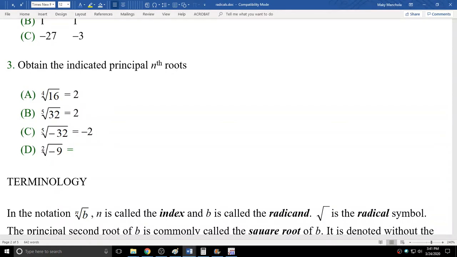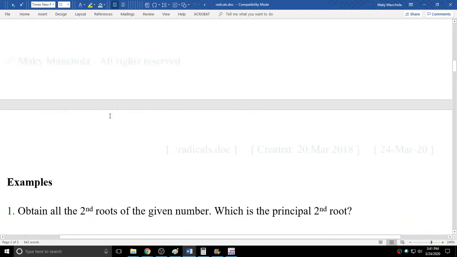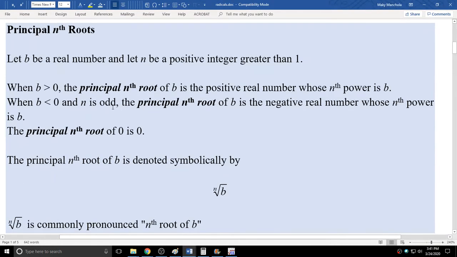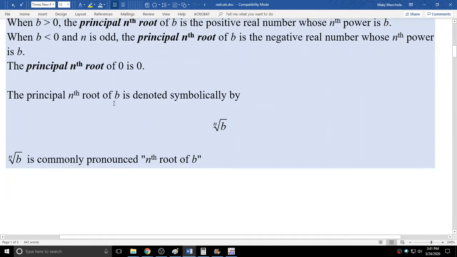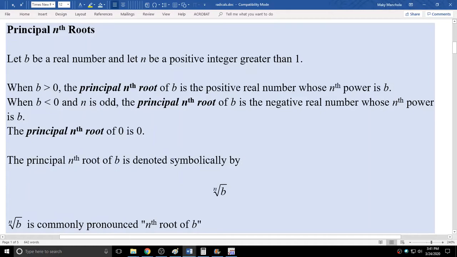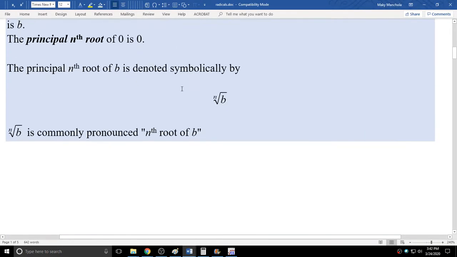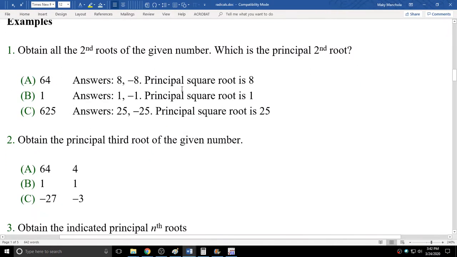What about the principal square root of negative 9? When you talk about principal roots, b would have to be positive because we have an even number.